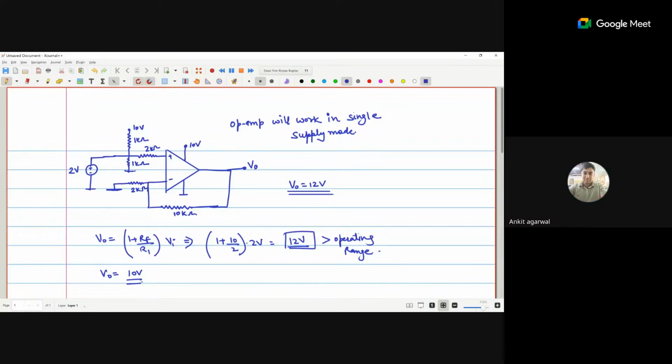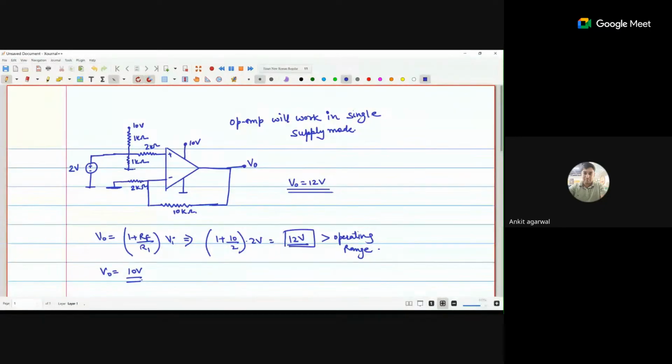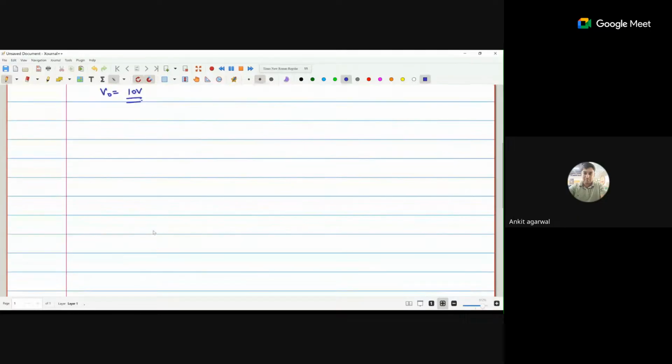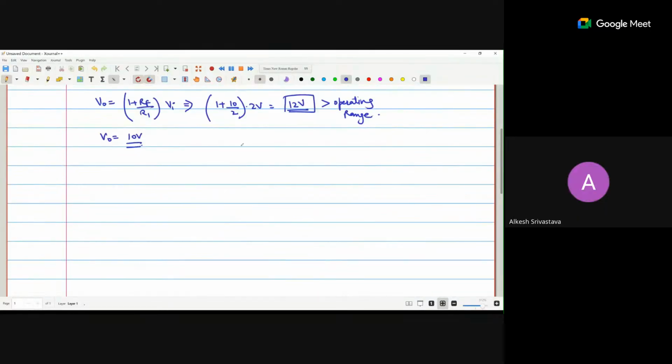Yes, in the last class, if you remember, we drew one characteristic: Vi minus V1 minus V2 on the axis, and this is the V naught. After a limit, it will be constant.